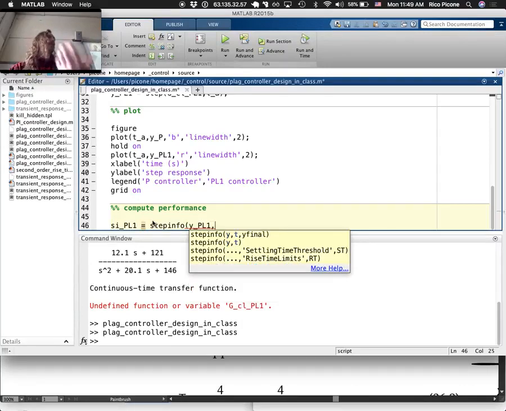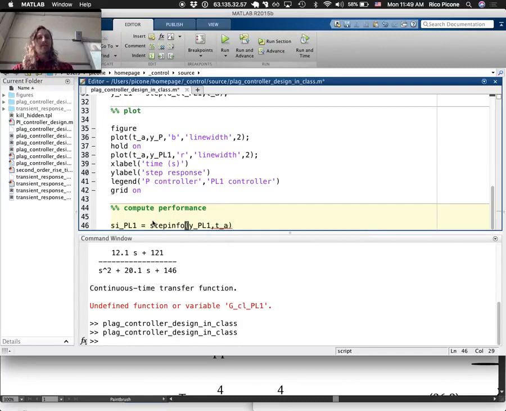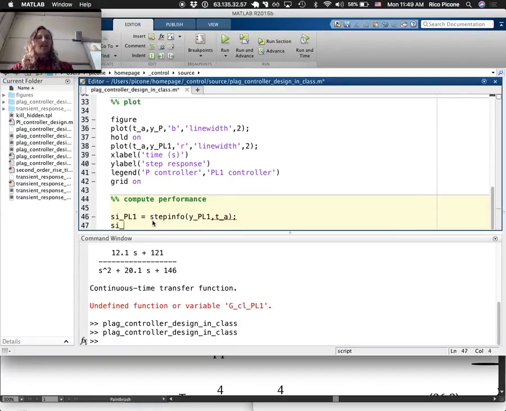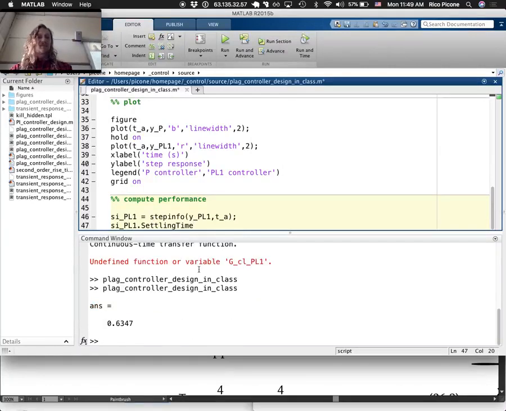That's the one that we're actually designing, right? The proportional was just along the way. So PL1, and then our TA. This gives us an object that we can select the settling time calculation from the simulation. So if we compute this, 0.634 is what we're at, which we want it to be 0.4, so we're not quite there.